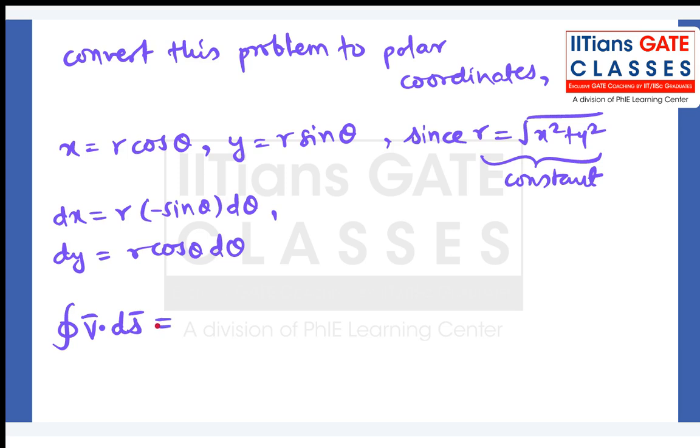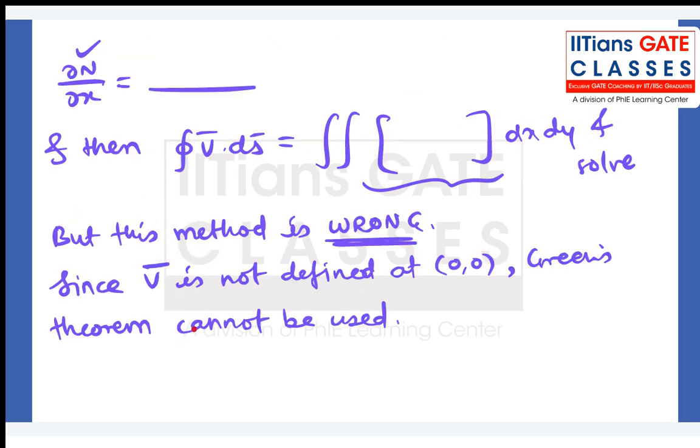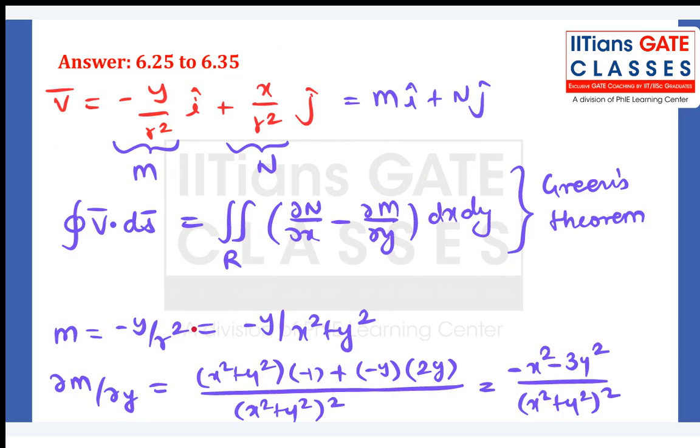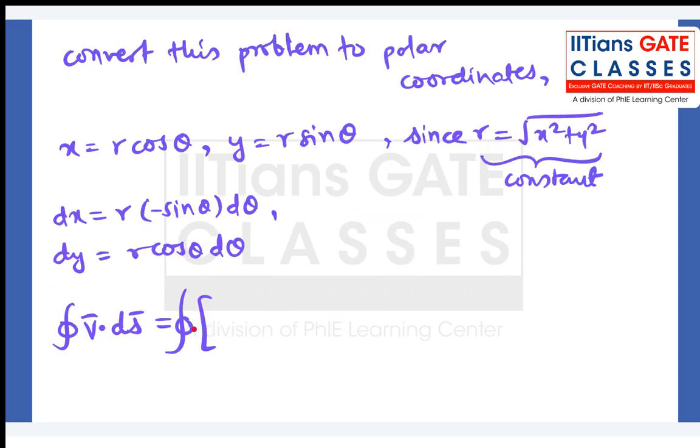So this will be nothing but the integral of v bar. If you write v bar in polar coordinates, y is r sin theta, so minus r sin theta divided by r square is the i cap component, plus x by r square, that is r cos theta over r square, is the j cap component.